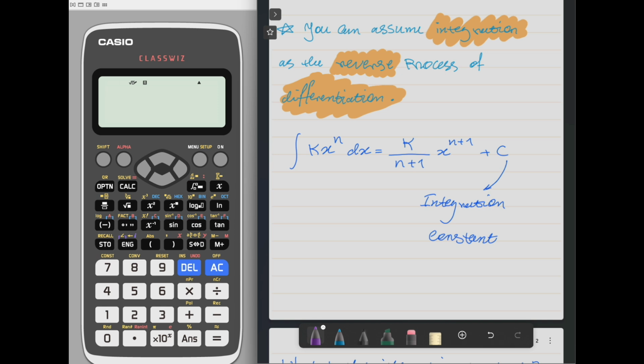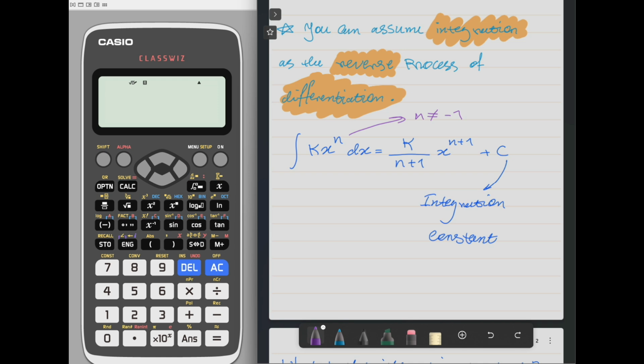This may seem a little complicated in the beginning, but note that n is not equal to minus 1. Why? Because minus 1 plus 1 is 0, and this is going to be undefined.